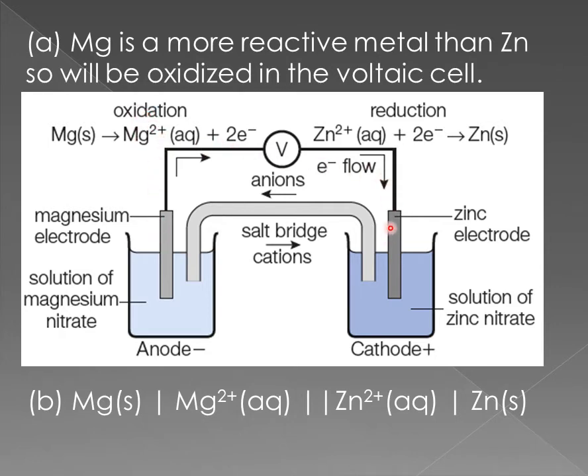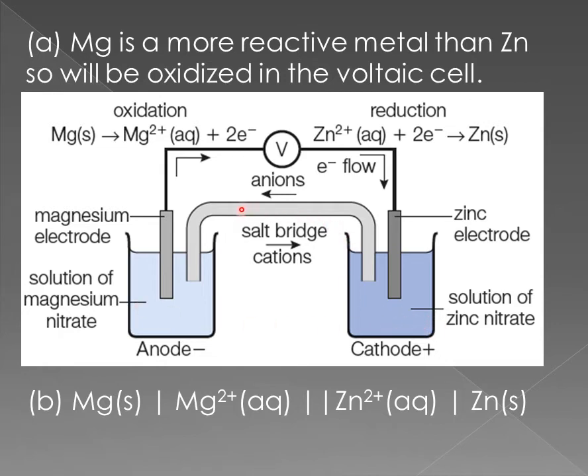While we'll put zinc, which is less reactive than magnesium, at the cathode, and zinc ion will be reduced to zinc metal and precipitate at the cathode or this electrode. The cathode in the voltaic cell is the positive electrode, while the anode is the negative electrode. Here is a solution of magnesium nitrate, and here zinc nitrate.